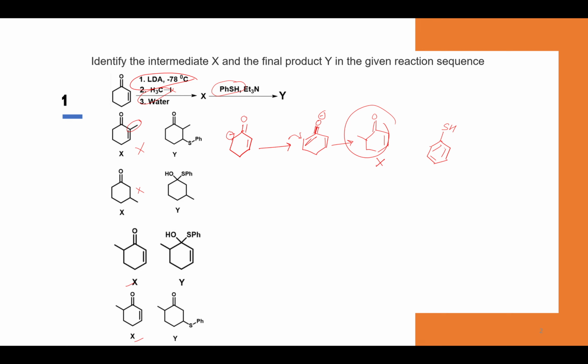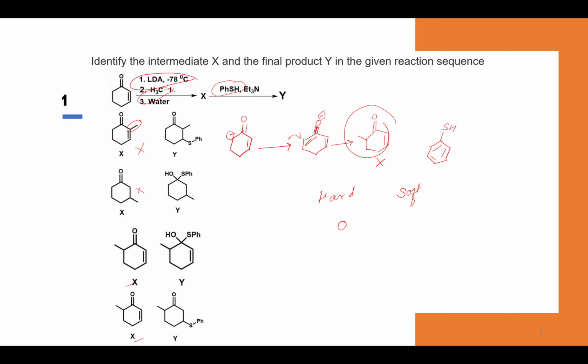Now what will happen in the next step? Anybody? I think you have watched the video which is available on YouTube, soft and hard nucleophile. So what is a soft nucleophile and what is a hard nucleophile? What is the difference?